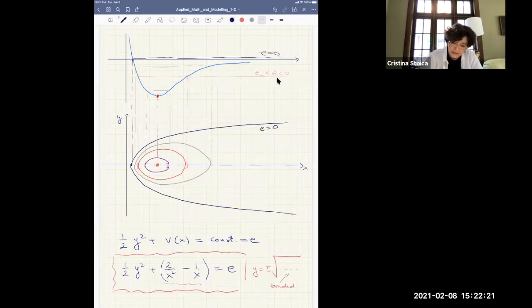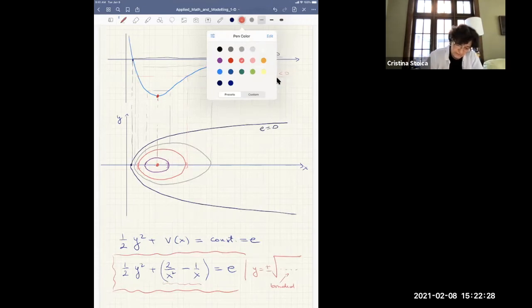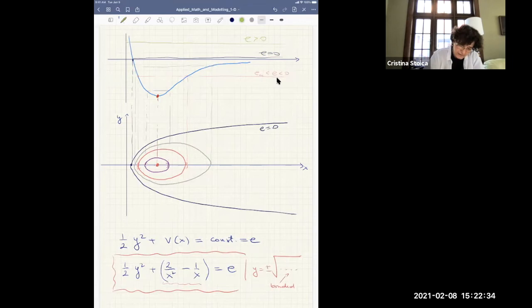What about for E greater than 0? Well, actually, they all go away, right? So if I take an E greater than 0 now, here is its edge, somewhere here, and the trajectories are just going to infinity as well. And that's the picture that emerges just from the potential.